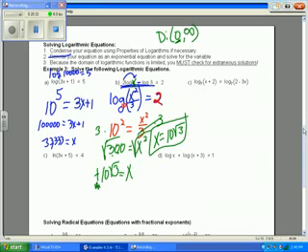Okay. What do you think about C? I could move all my logs on one side. Now they are both log base 7, and that's all I have. I could go through the whole process for that.